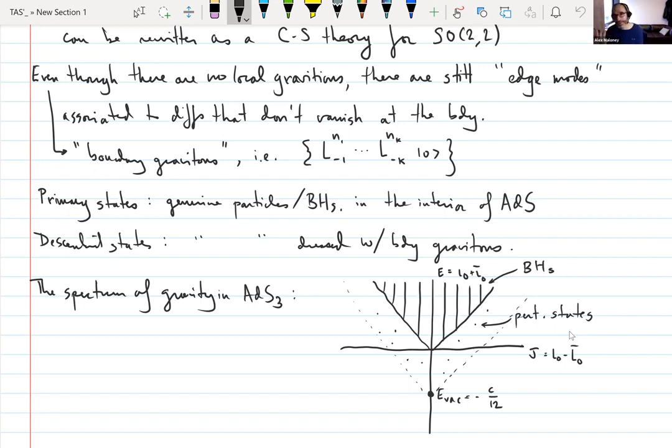Quantize a free scalar field in AdS, and organize the states into representations of SO(2,2). That's pretty easy. That's basically the standard thing you do when you quantize a scalar field. But then do it in terms of the Virasoro algebra. That is something you only do when you add gravity into the picture. That's a more tricky calculation. It can be done perturbatively.